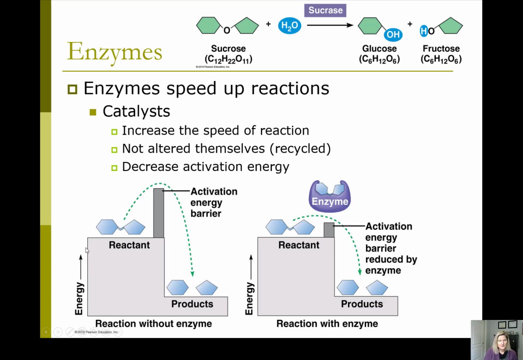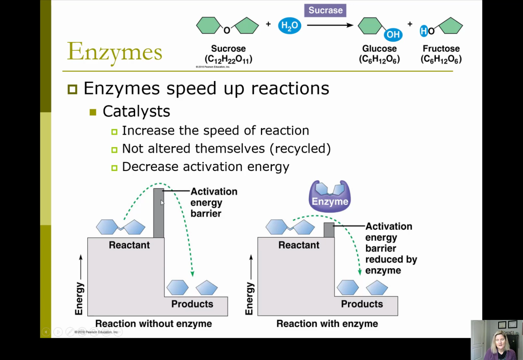Take a look at this reaction here. We have a reactant and we have a product. Notice the amount of free energy. In this case, the reactant has more energy than the product, so it is going to undergo a reaction.